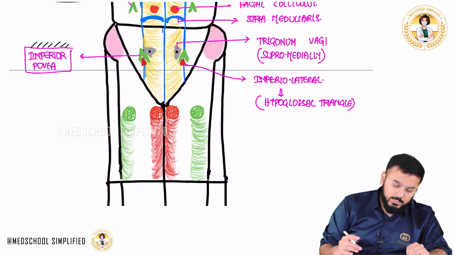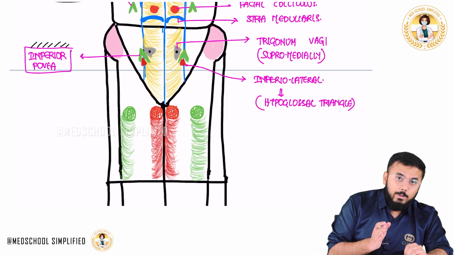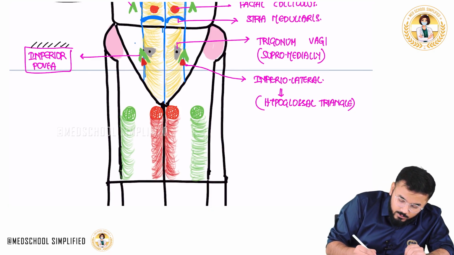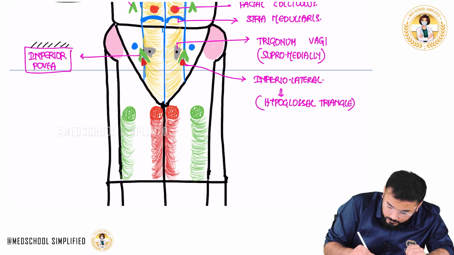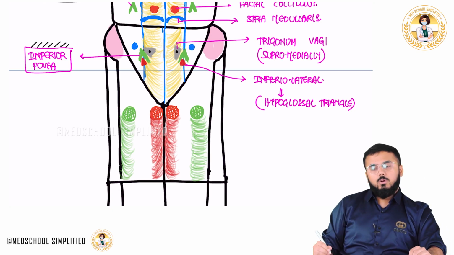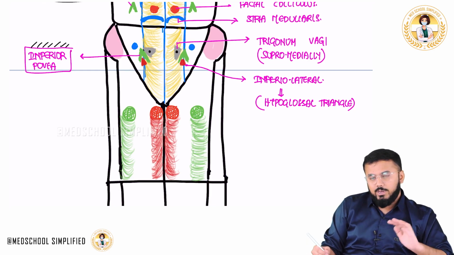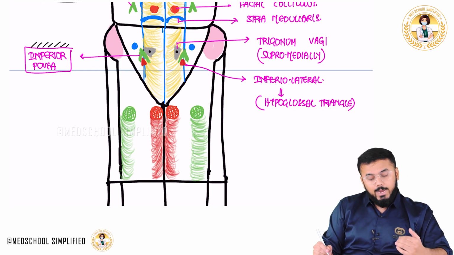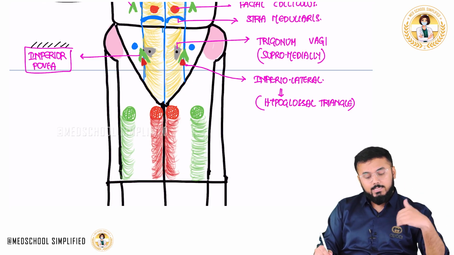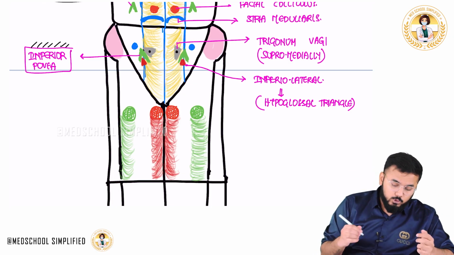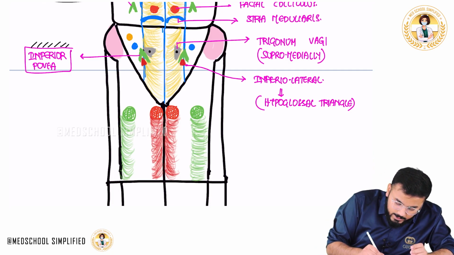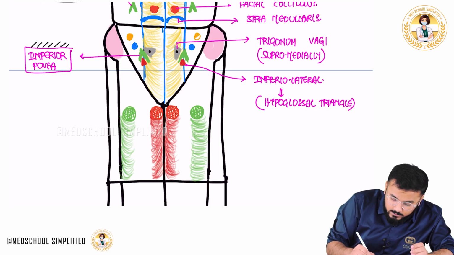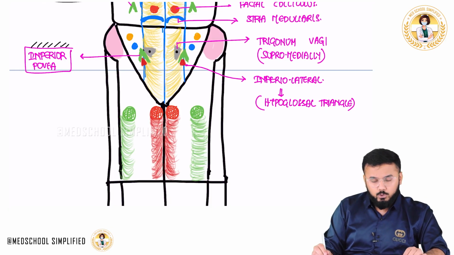Next important thing is above the inferior fovea, see exactly here, on either side. Now you tell me, what should I call this? Is this superior or inferior? Superior, and is it medial or lateral? It is lateral. So can I call it suprolaterally? Suprolaterally, I have got one blue color structure, and just above that, suprolaterally, I have got another color like this. So what are these two structures located supralaterally?